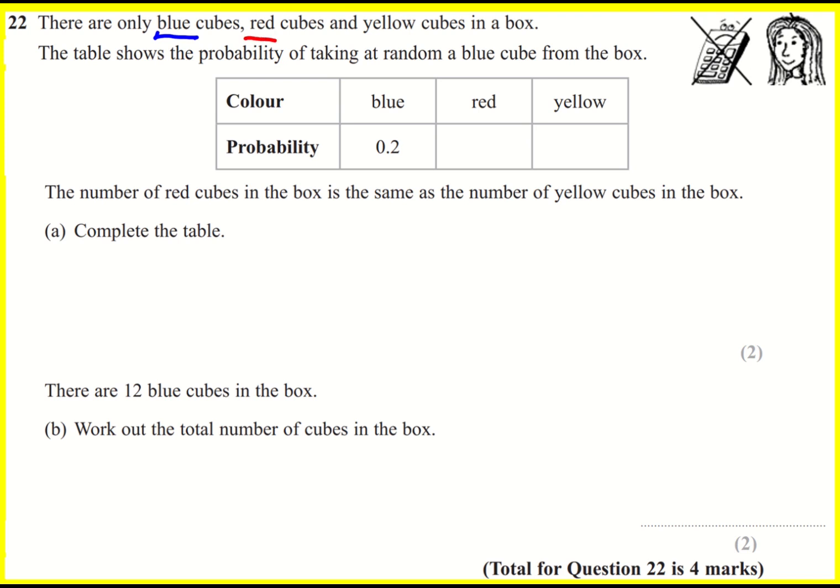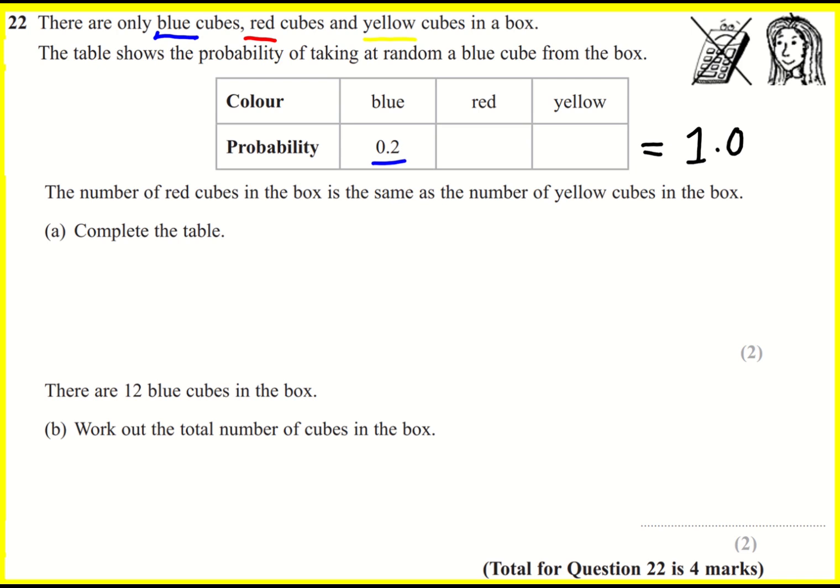So we've got red and yellow cubes in a box, and we've got the probability for blue, and what you need to know is that probabilities sum to 100% or 1.0 or just 1. They sum to one whole. You cannot get a probability of more than 100%.